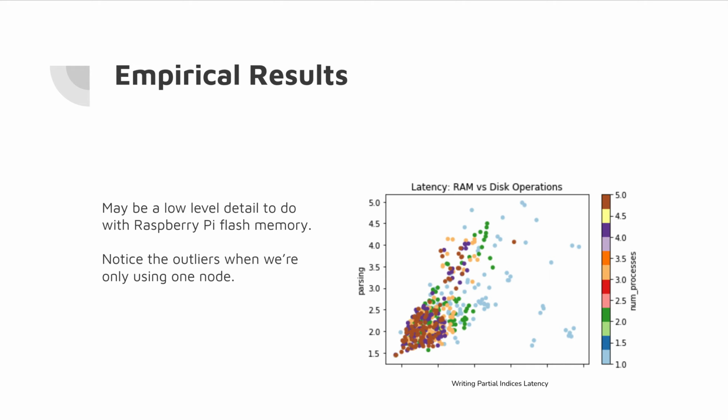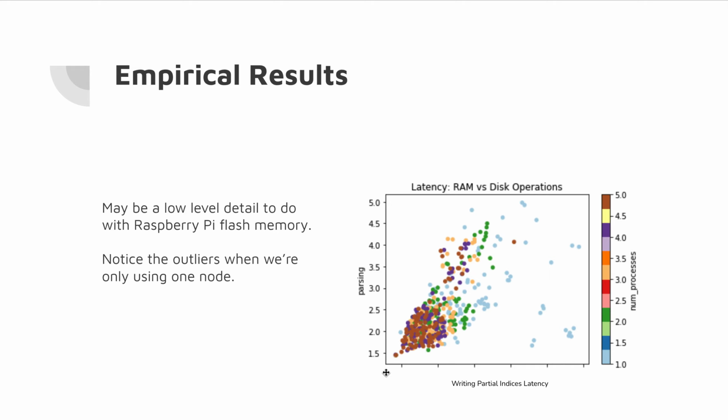I decided to dig even further into this, and I had a suspicion that it might be the SD cards on the Raspberry Pis, because SD cards are notoriously slow for their I/O operations, and I thought maybe if too much load was being placed on a single machine, it was causing outliers. That's what we're seeing here.